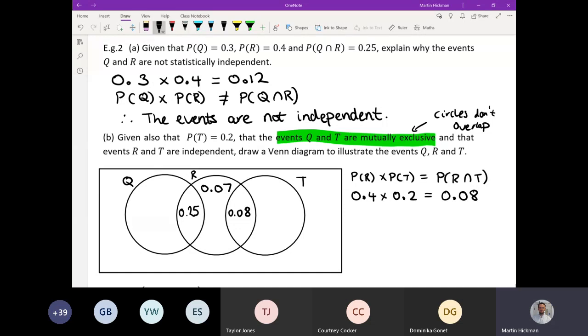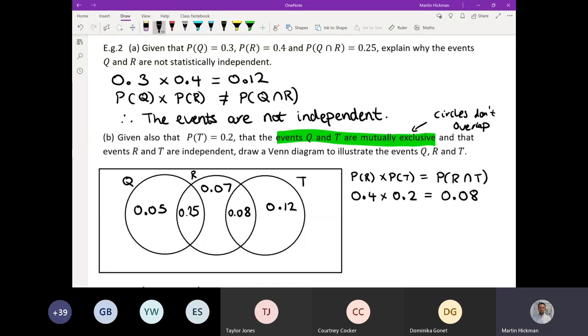For Q, the probability of Q equals 0.3, so we need a 0.05 there to make the whole thing add up to 0.3. And for T, we just need a 0.12 there, because the whole of that circle needs to add up to 0.2.